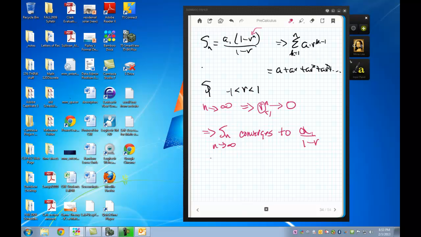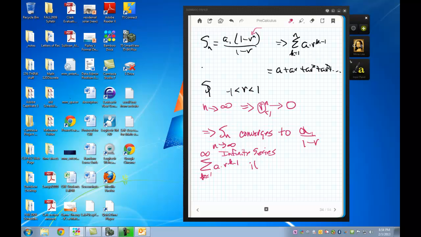So what that tells us is, if I do what's called an infinite series, and all an infinite series is a series, except instead of stopping at n, k goes from, say, 1 to infinity. And this is going to be a times r to the k minus 1.